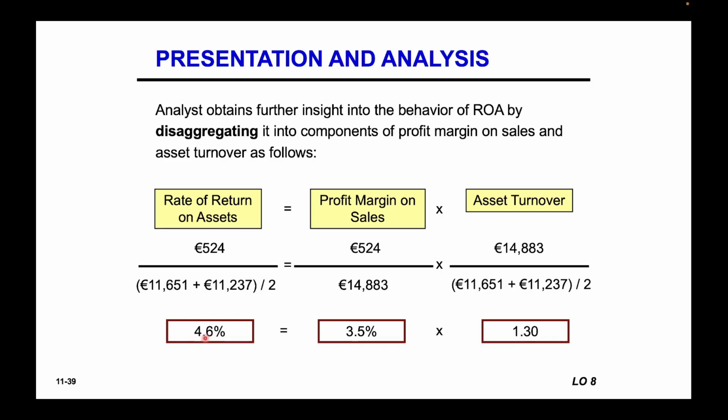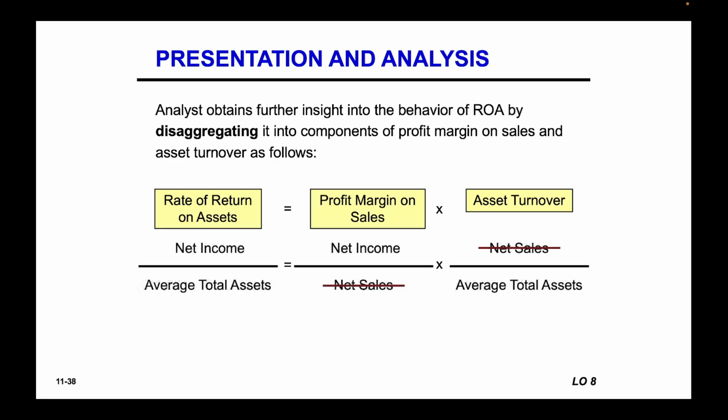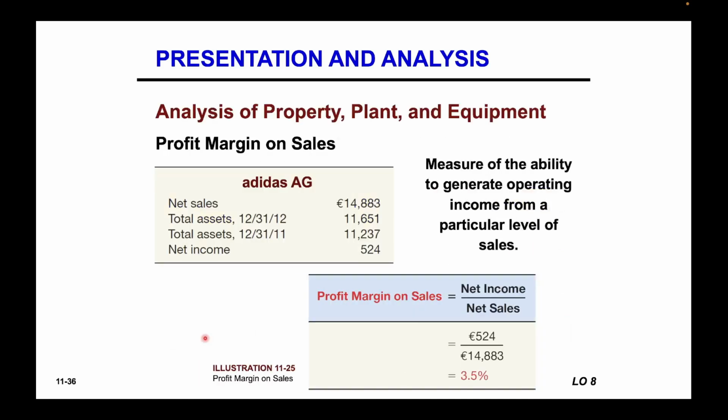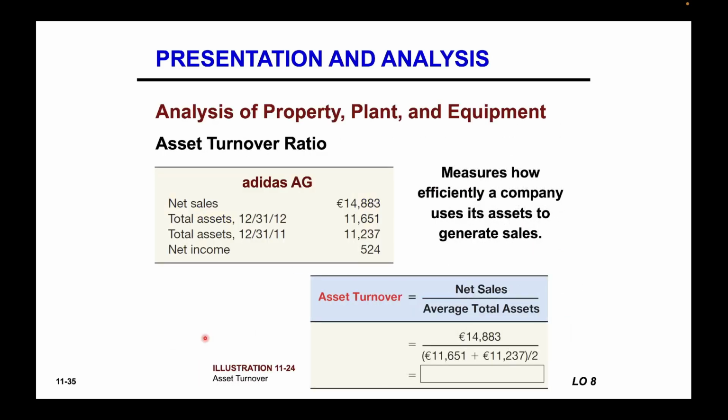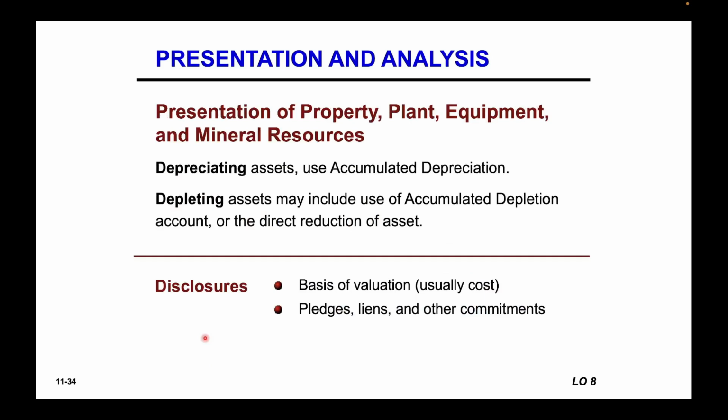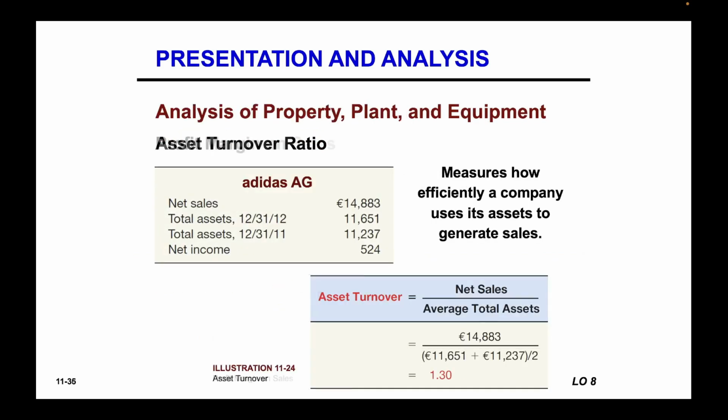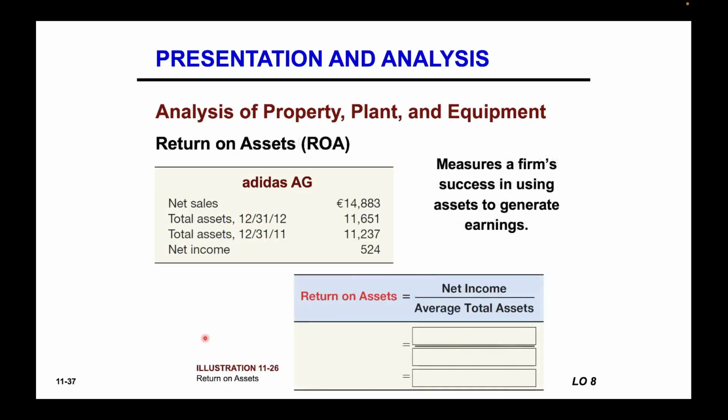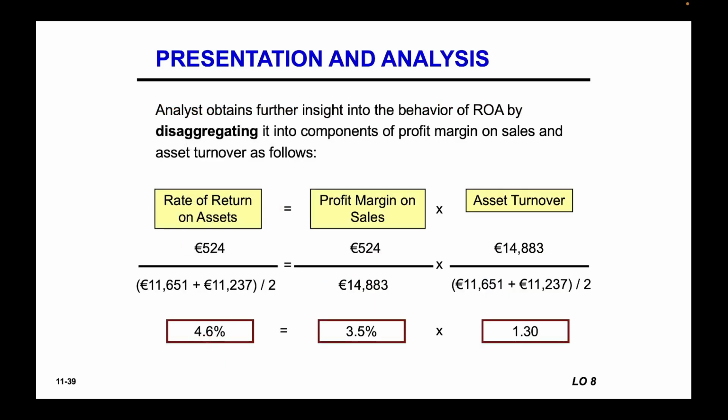It gives us the same amount as what we calculated from our previous slide. So applying the same formula, it gives us the same amount of 4.6% for ROA.